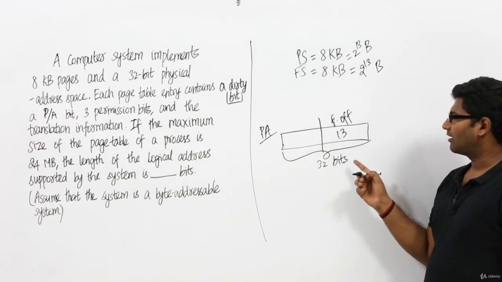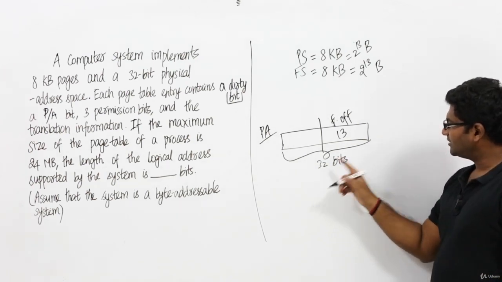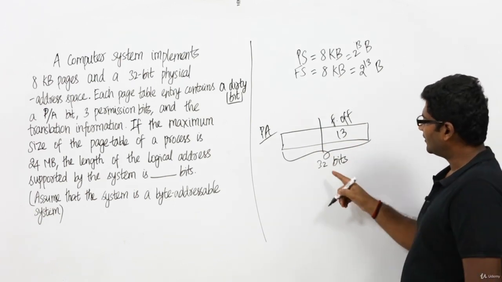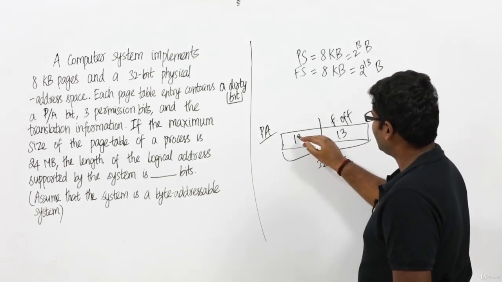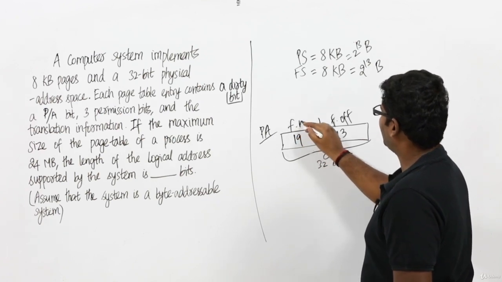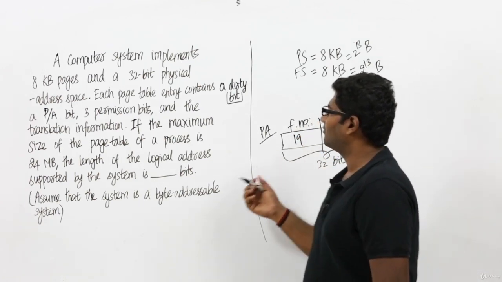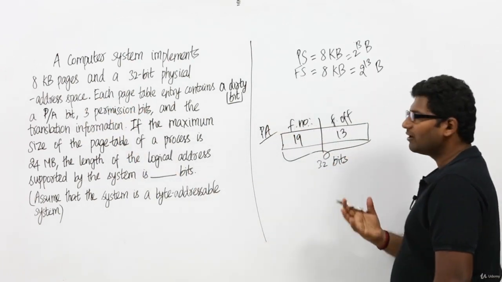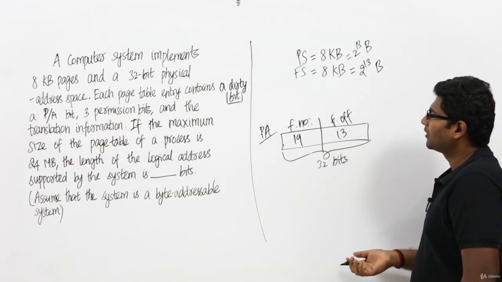This is what I can compute. Now if this is 32 bits and this is 13 bits, then this is nothing but 32 minus 13, which is 19. This is the frame number field. I can derive these things using these two lines that we have read, so that it will be easy to solve the problem.